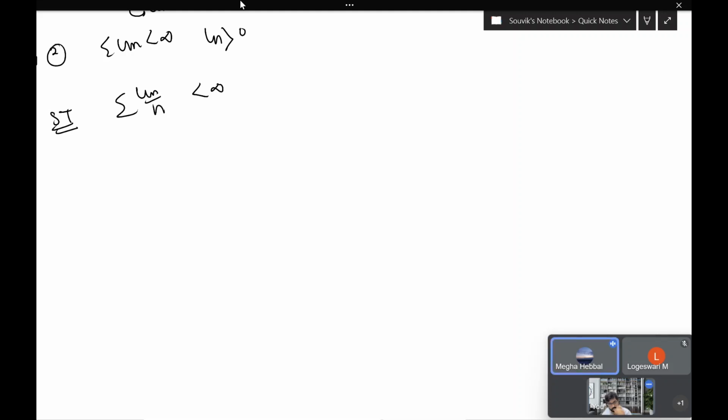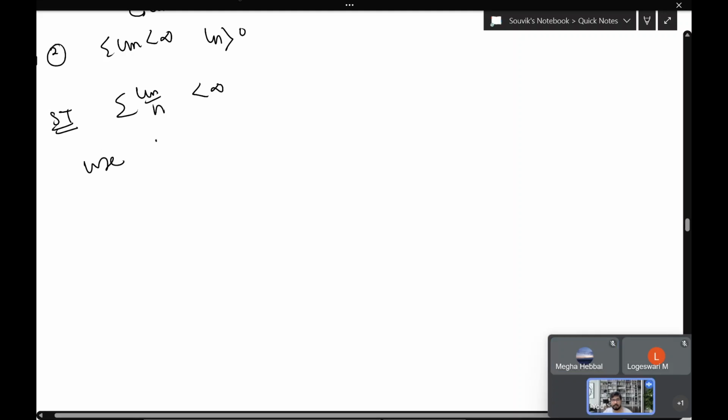So I'm getting un by n is less than 1 by n, but summation 1 by n is not convergent. Yeah, right. So another hint: use the AP-GP, that arithmetic progression, geometric progression inequality. Sorry, it's my mistake. It's the AM-GM inequality.